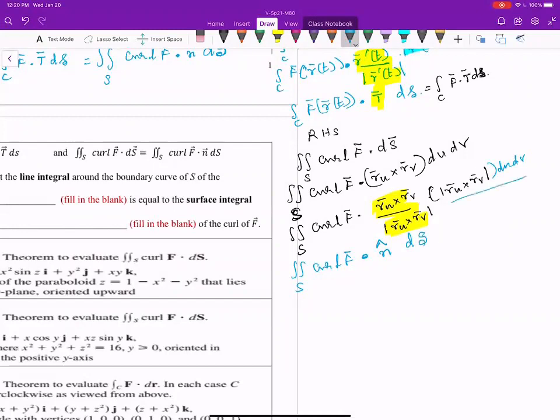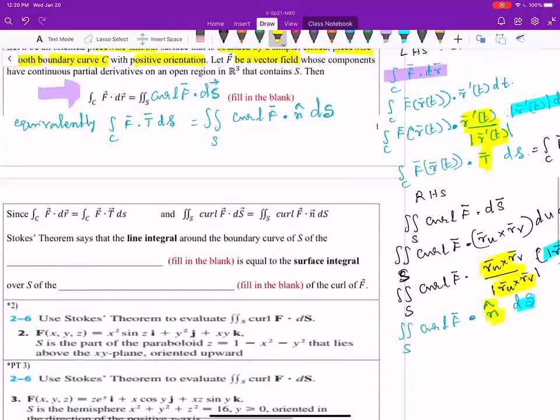Yes, we know that this part stands for the area of the surface, which is this part. And the normal vector to the surface is Ru cross Rv, unit normal vector. So it is length of that vector divided by the length of that vector. So that is how we do the right hand side.